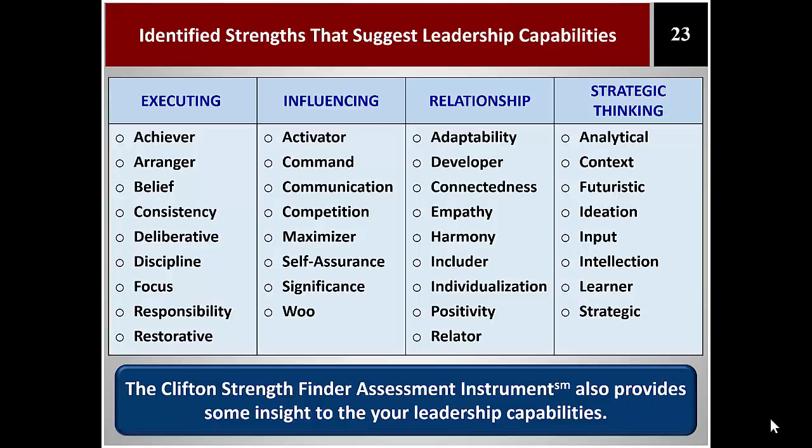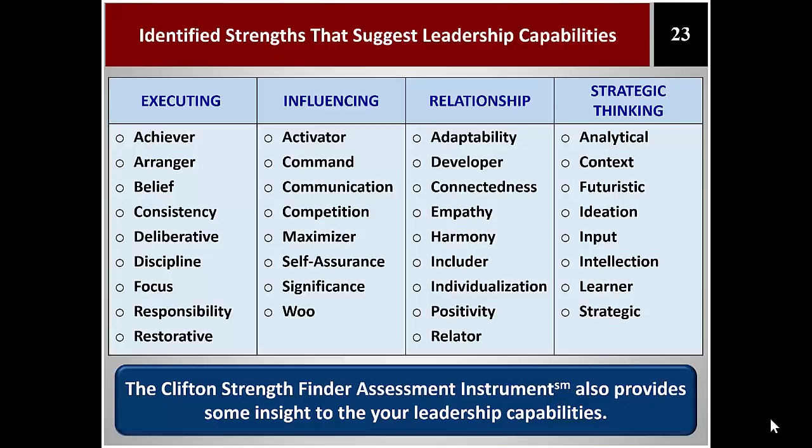And then we can organize them and say, well, there are themes that support the leadership capability called execution, or the leadership capability called influencing, or the leadership capability called relationship, or the leadership capability called strategic thinking.